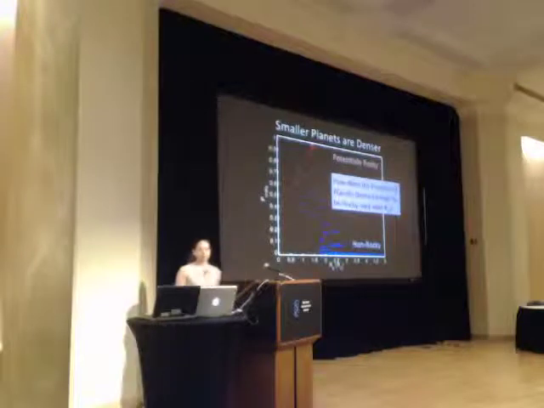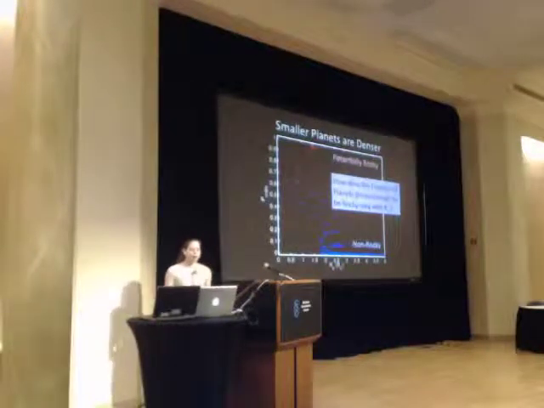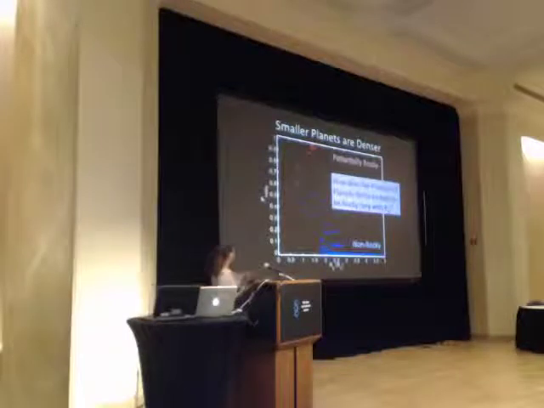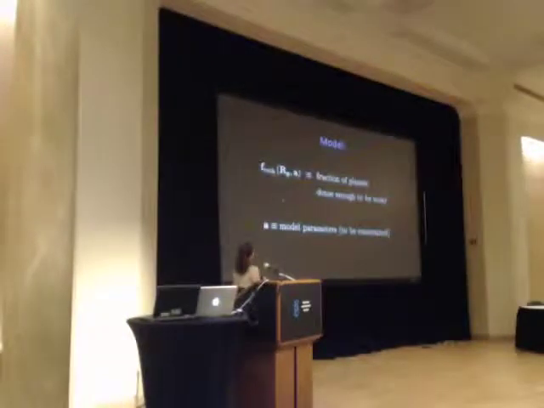So with that assumption, I'll explore what this sample is telling us about how the fraction of planets dense enough to be rocky varies as a function of planet size. For this, I take a Bayesian approach. So I define some model for the fraction of planets dense enough to be rocky, assuming some simple functional form for how it depends on planet radius.